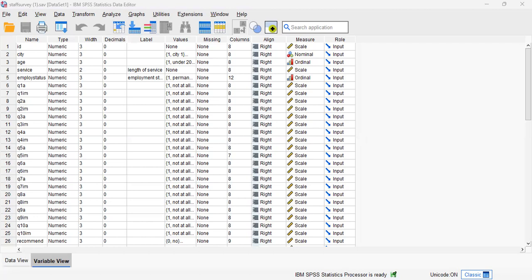Then we were looking for a bar graph, and it was clustered because there was more than one piece of data. And then we were looking at summaries for groups. And when you click on that, that's when you got this graph right here. So then the next thing that we were charged with was creating a scatter plot.